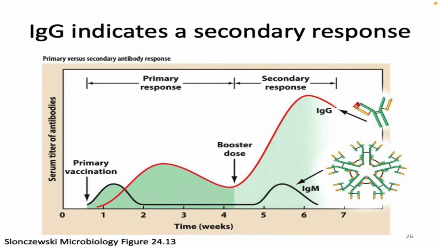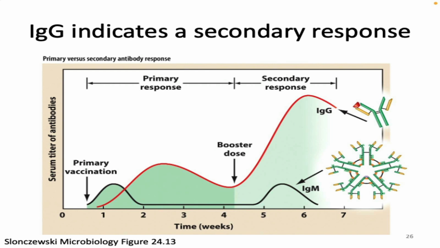But you can also see that if we look at a secondary memory response, we make tons of IgG. And so if you see that a patient is making IgG, you know they're either late in their primary response, or especially if they're making a lot of it, you know they're making a secondary response. And again, time-wise, this would also be IgE and IgA.